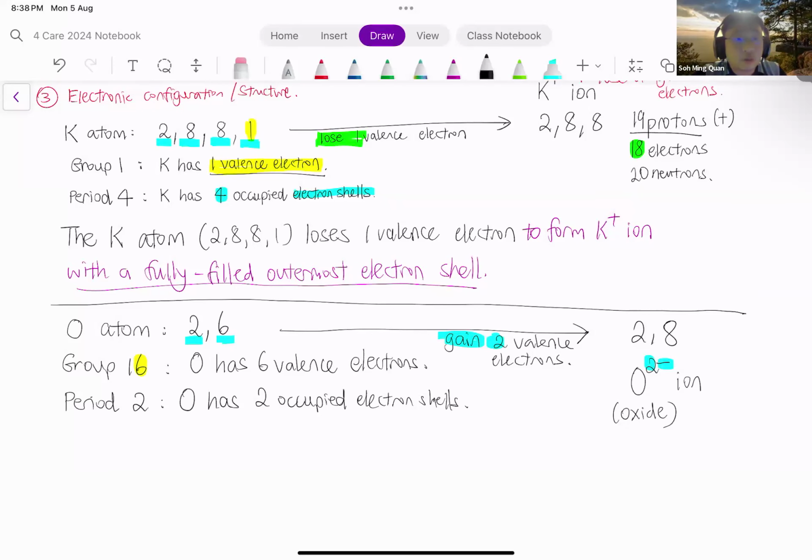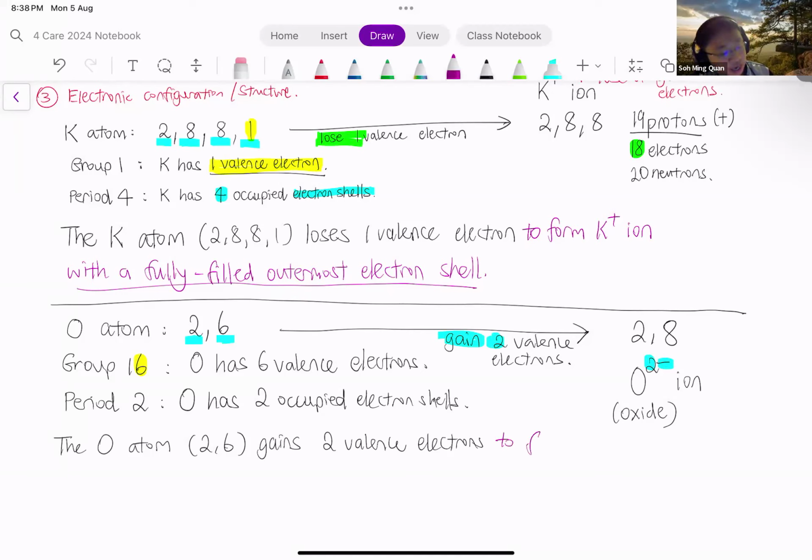So we say that the oxygen atom, 2,6, gains 2 valence electrons. The purpose of gaining is to form the O2- ion with a fully filled outermost electron shell.